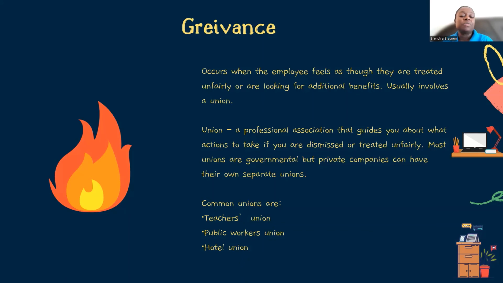A union is just a professional association that guides you about what actions to take if you're dismissed or treated unfairly. And so sometimes in an office environment, you may be fired and you may not have a valid reason for being fired, or you may be treated unfairly and you would bring those concerns to the HR department. They are responsible and have to make sure that they hear you and that they investigate some of these things.